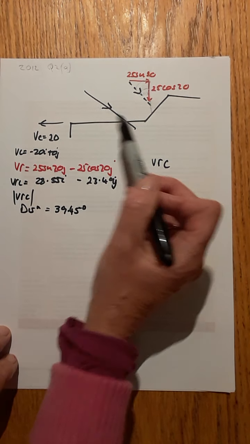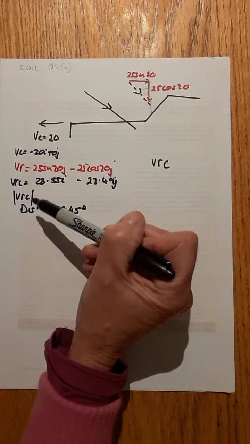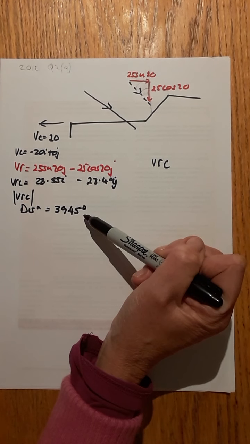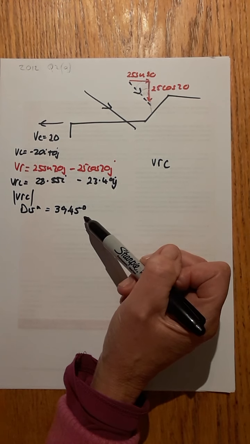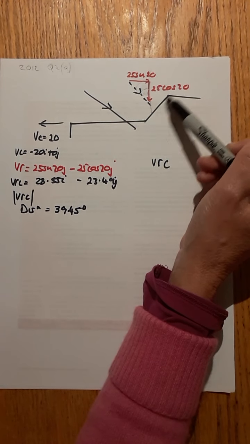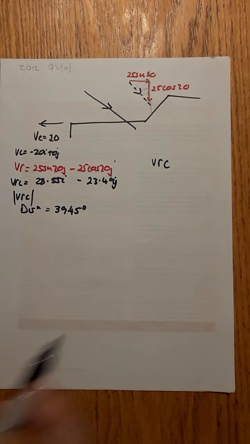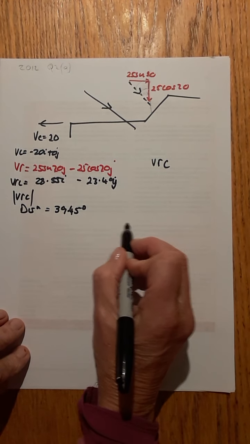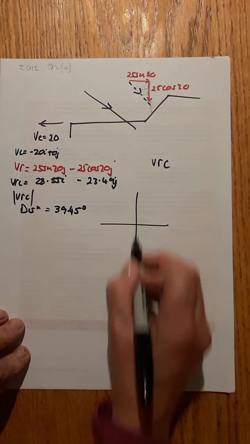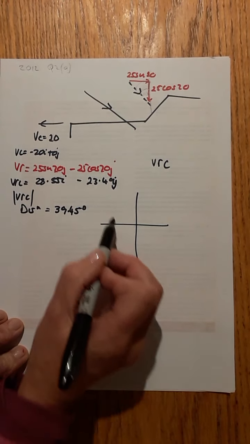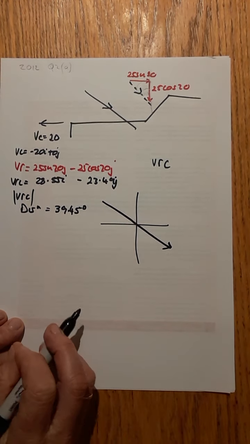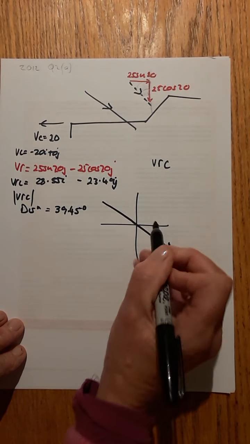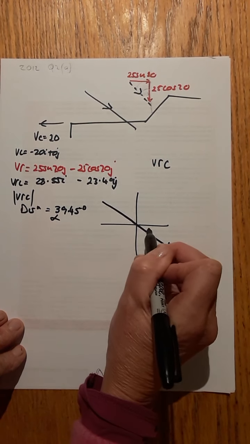This is the angle of the VRC, the angle that the rain appears to make with the car, but the windscreen is at a different angle again. So I'm going to redraw this, with my x and y axis, my ij axis. Here's the rain striking down here, hitting at an angle of 39.45 degrees. I'm going to call that alpha.